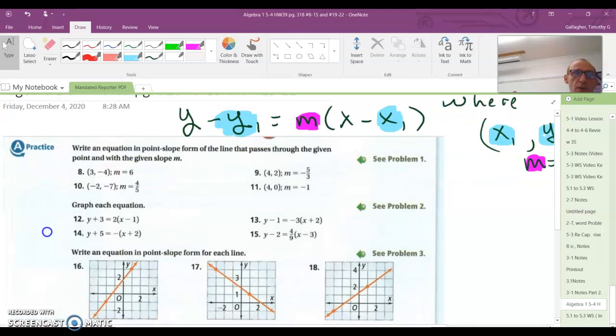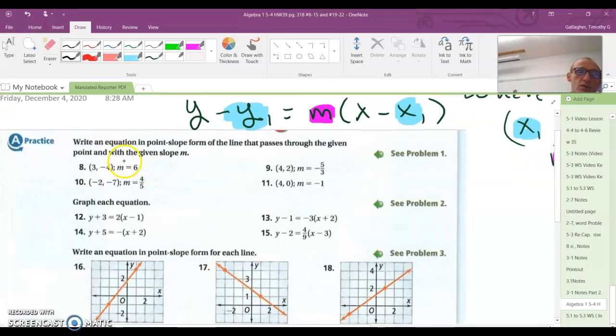Number 8 is, this is x1, this is y1. So it's going to be y plus 4, because these two negatives, this one and then the negative 4, make a positive, is equal to 6 times x minus 3.